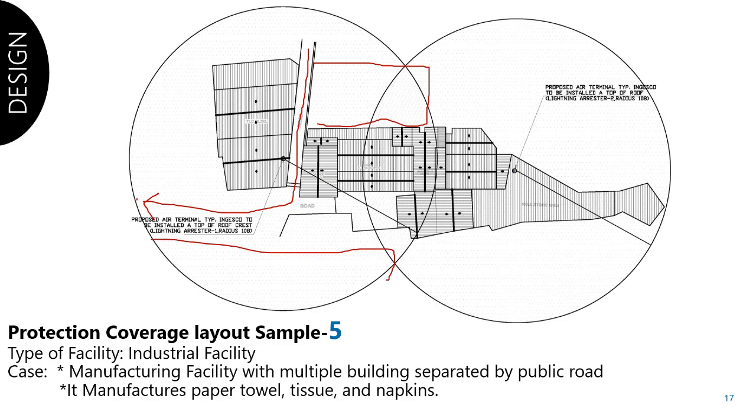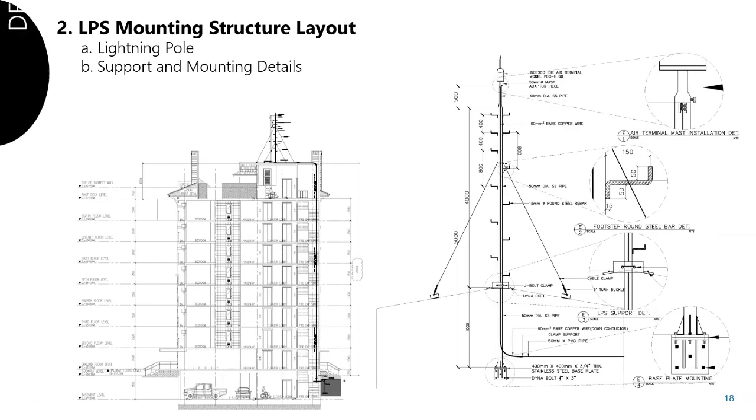Okay, let's now go to the second part of the design, which is the LPS mounting structure layout. After defining the location in the protection coverage layout, and securing that the LPS pole is feasible in the selected location, we will go now to the design of the lightning pole and the support and mounting details, which fall under our mounting structure layout.